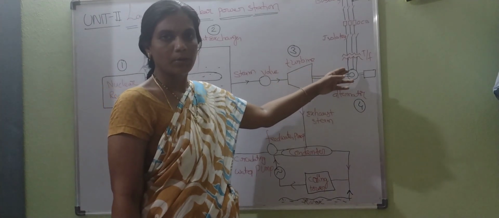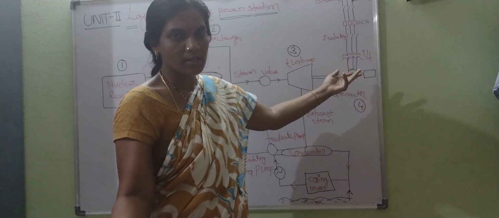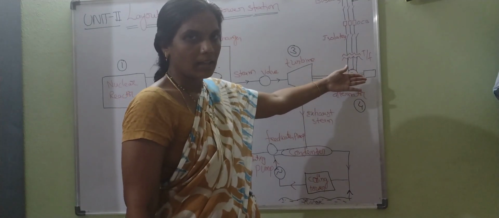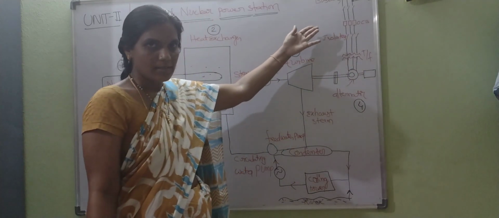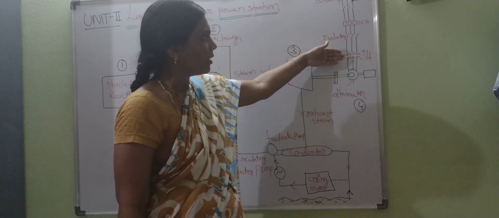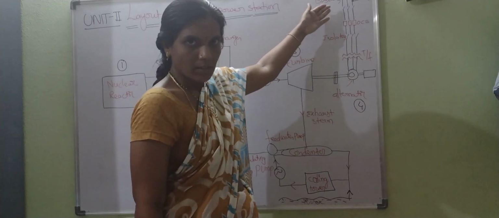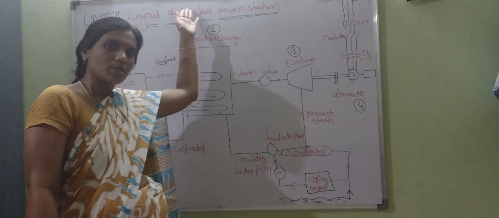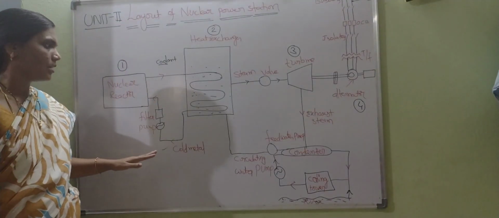Then the turbine is coupled to the alternator. The alternator function is where mechanical energy is converted into electrical energy. This energy is collected from the bus bars, then goes to the transmission system, distribution system, and distributors.